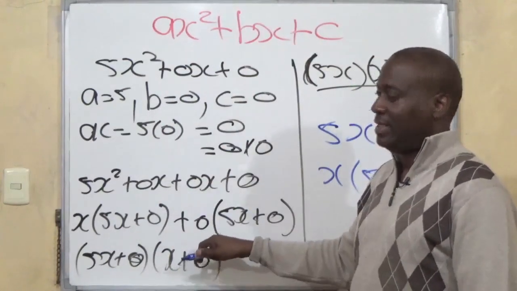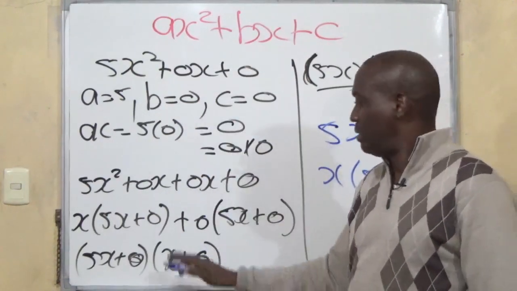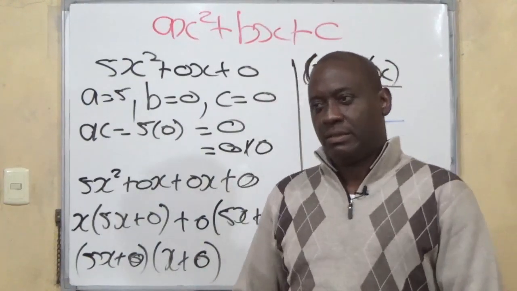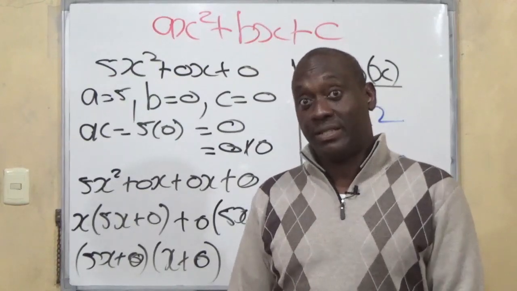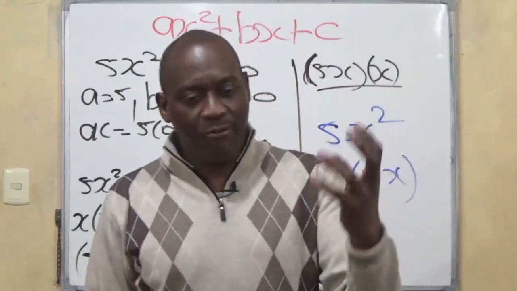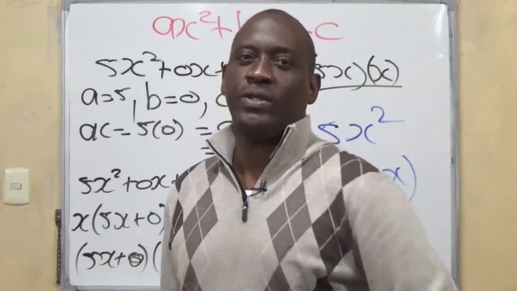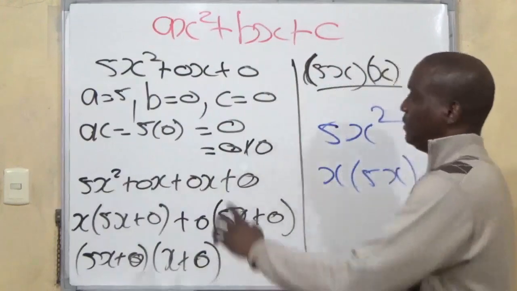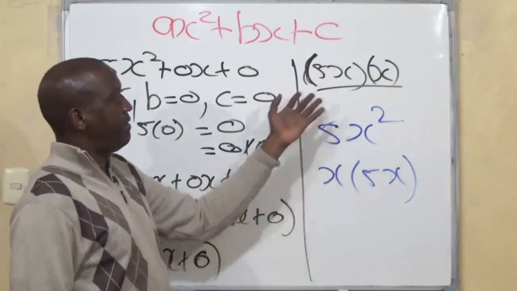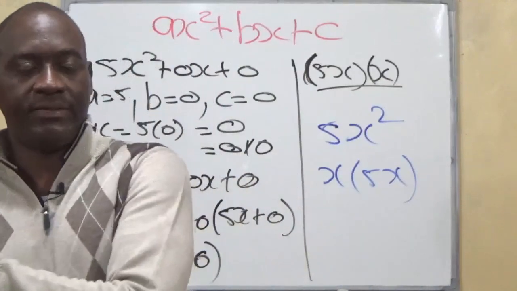This is nice to stimulate our discussion, but we don't really do arithmetic with 0. There are certain situations where you use 0, but even in those situations, you're not really doing arithmetic with 0. You're just invoking the concept to take it from point A to point B so you could continue with the rest of the arithmetic. So don't even think about doing this. The factorization of 5x squared is simply x into 5x or 5x into x. Same difference. Same commutative property that we discussed in the last video.